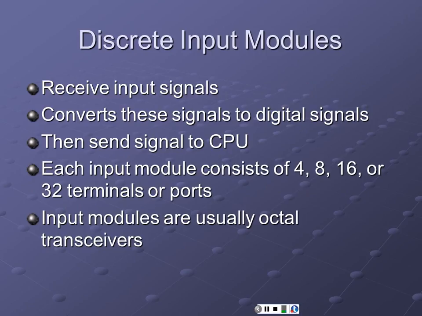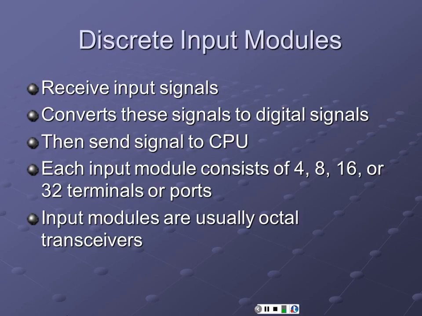We have discrete input modules. Those are the modules on this G Series 1 that I showed you that we can pull in, plug in and out. The input modules basically come in 4s, 8s, 16s, and 32s. That's because it's binary.